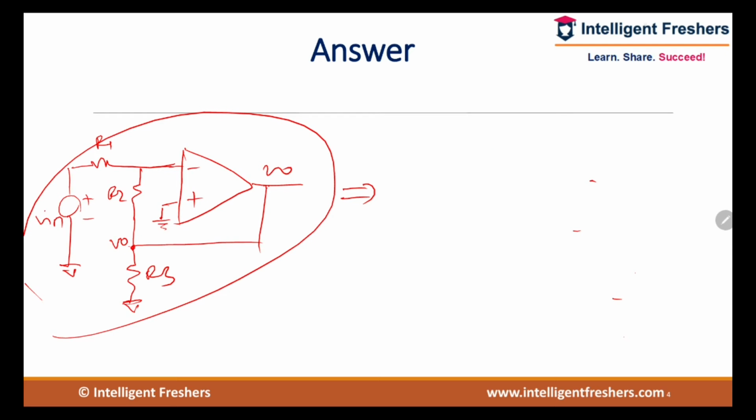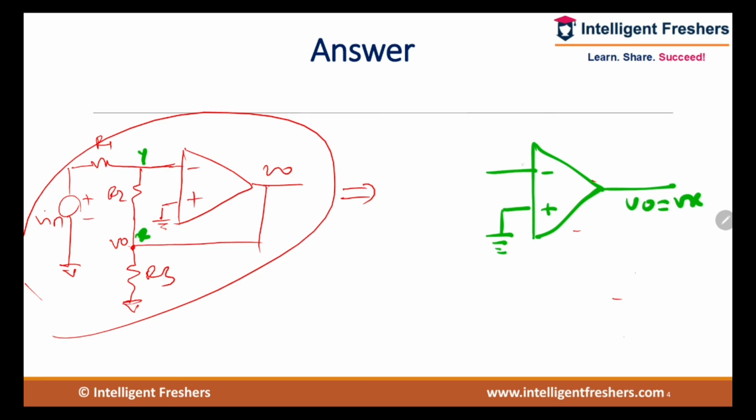Now this is given. What we can do is mark this point as X, and this is Y. Sketch the equivalent analog circuit. This is V0, which is Vx. From X to Y, R2 is there.